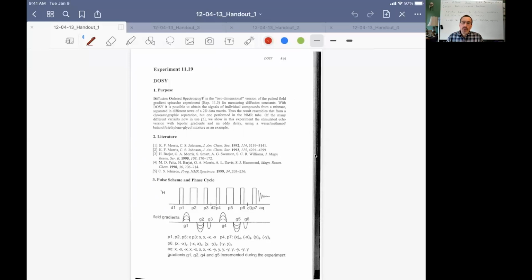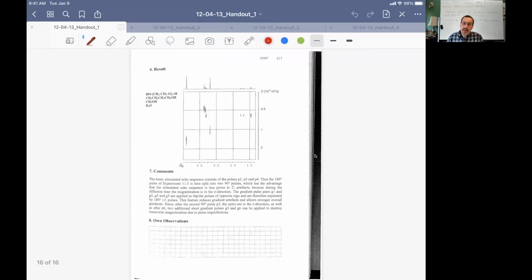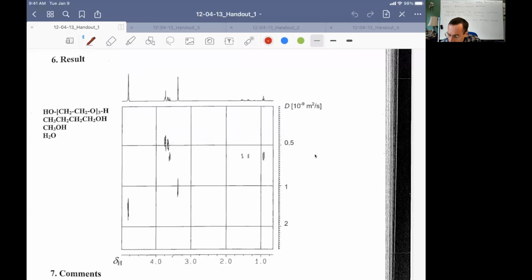All right, so again, this is from the 200 and More NMR Experiments book. This talks a little bit about the technique, and as all of these nice little chapters do in the book, it gives some literature references, which is a good place to get started in reading about it. And here's the example on the very last page of handout 1.